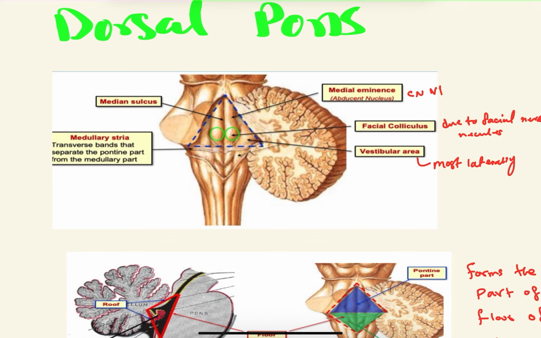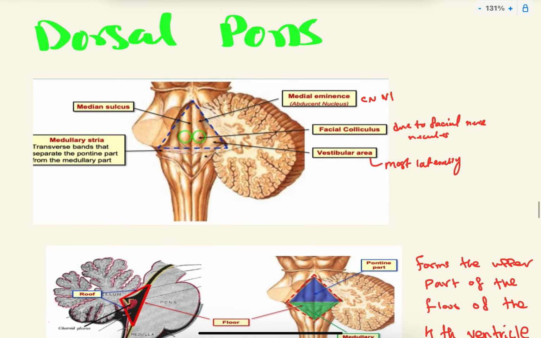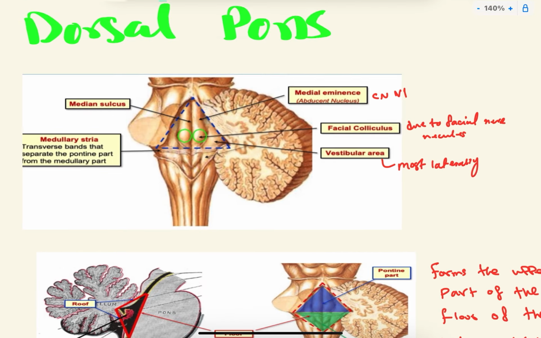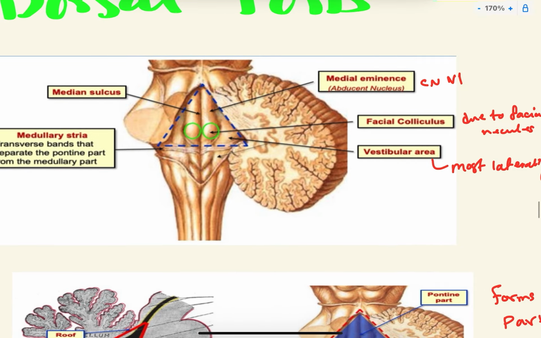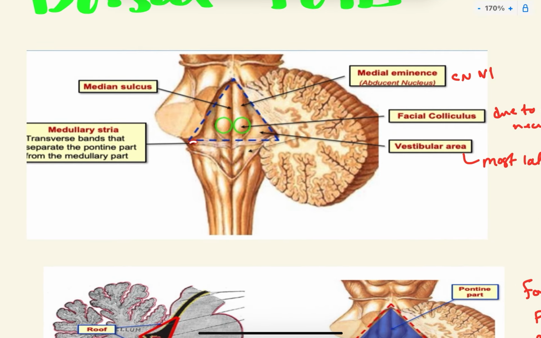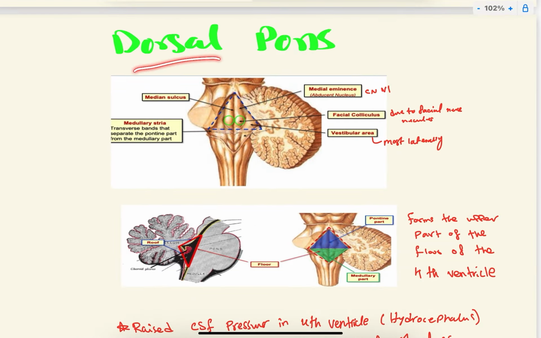And then right below it I will have the facial colliculus, and the facial colliculus has the facial nucleus. Makes sense. And then most laterally, I will have the vestibular area. And then right under them, I will have the medullary stria, the pontine part that's going to the back, remember? So the medullary stria is right here. So this is in the dorsal pons.